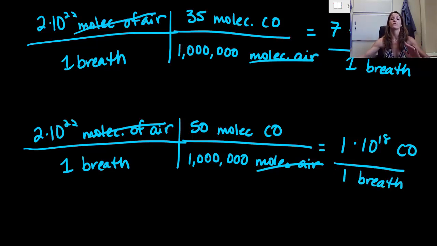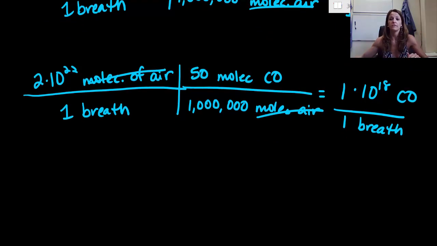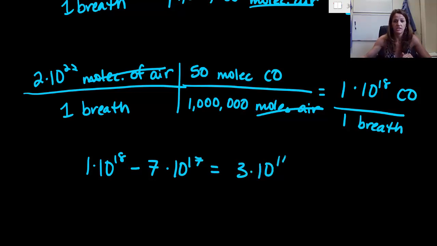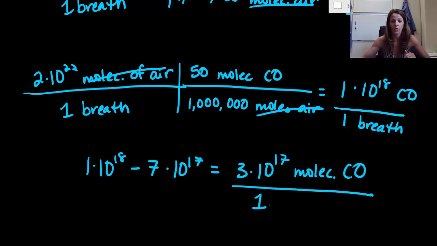The question asks for how many more molecules are inhaled per breath when you're in a smoky room. So what we have to do now is take the difference. So 1 × 10 to the 18th minus 7 × 10 to the 17th gives us an answer of 3 × 10 to the 17th molecules of carbon monoxide per every one breath.